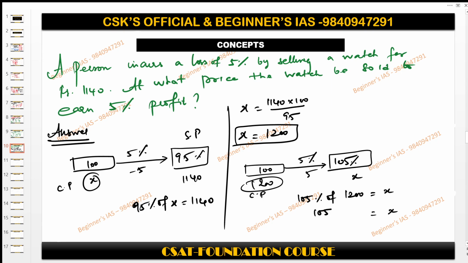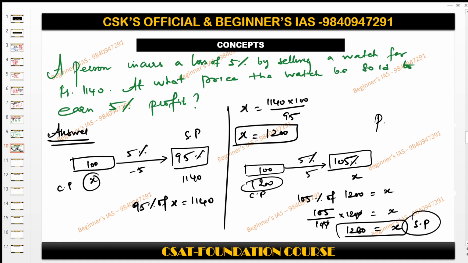So you can say 100 into this one, you can cancel this one. So 105 into 12. So this is nothing but 1260. This is the one method. So therefore this is selling price. Anybody need an answer by using any other method?